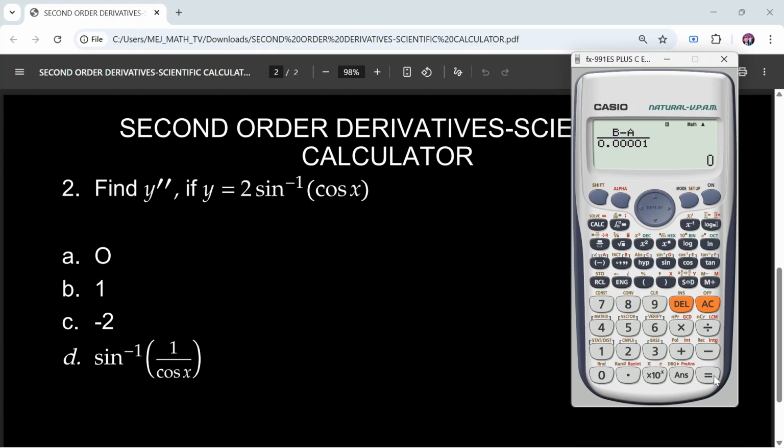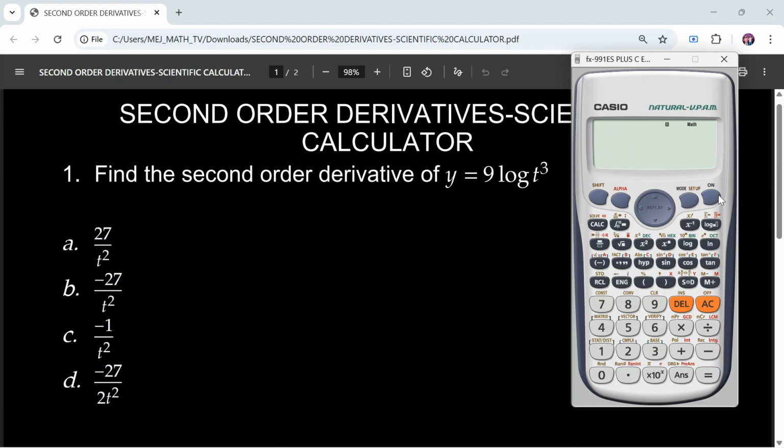And so this is the second derivative value. And so we're going to test the options. Option A says it is 0, option B says it is 1, option C says it is negative 2, option D says it is sine inverse of 1 over cos of x. And so the right option is option A, which is 0.